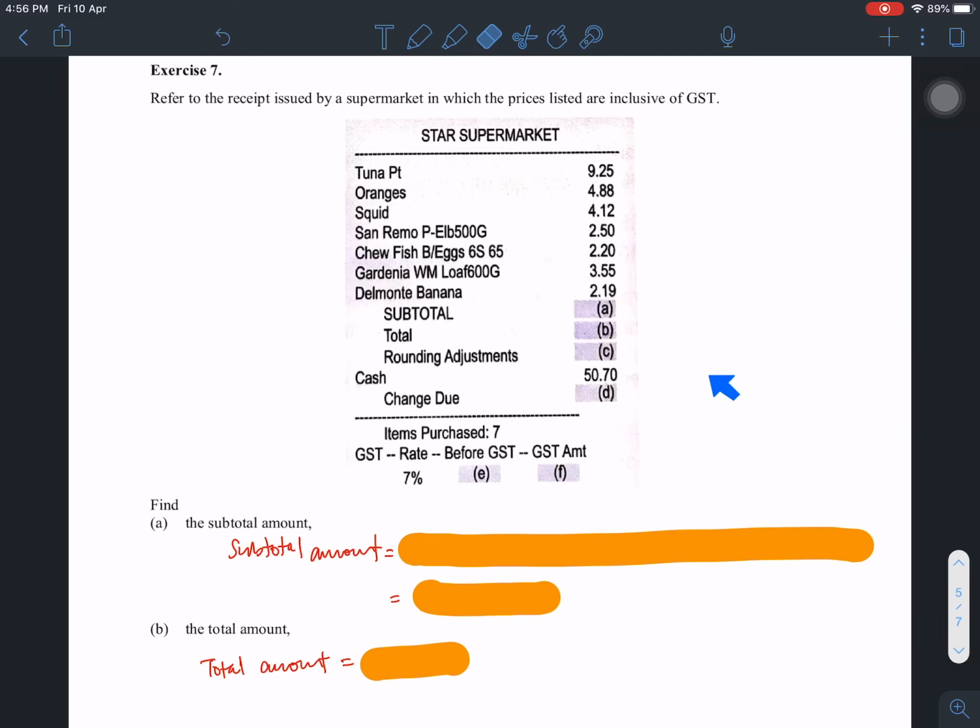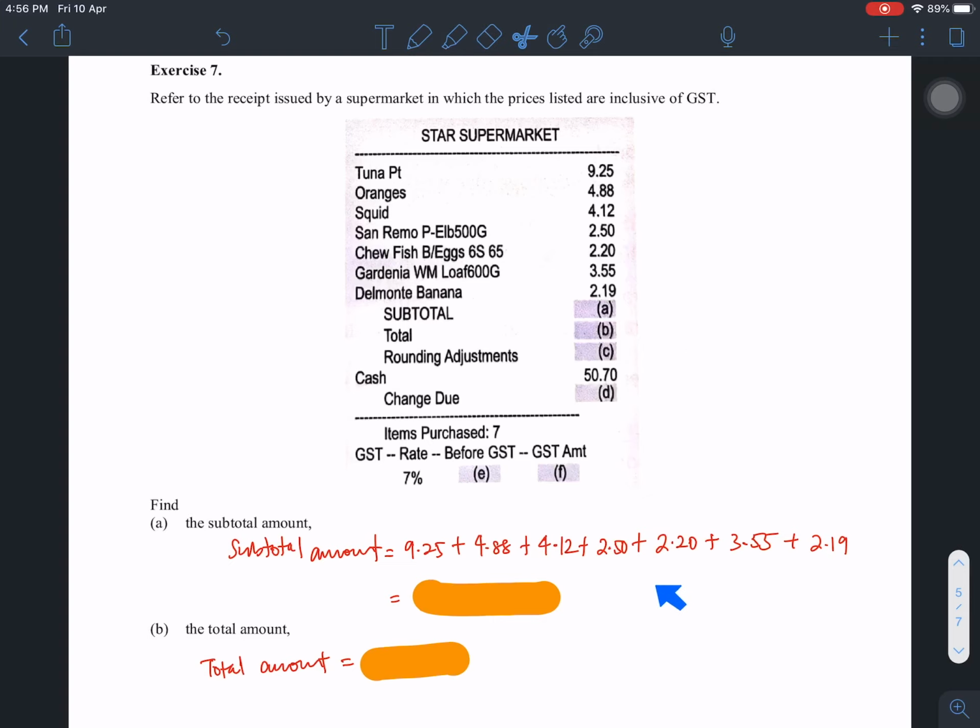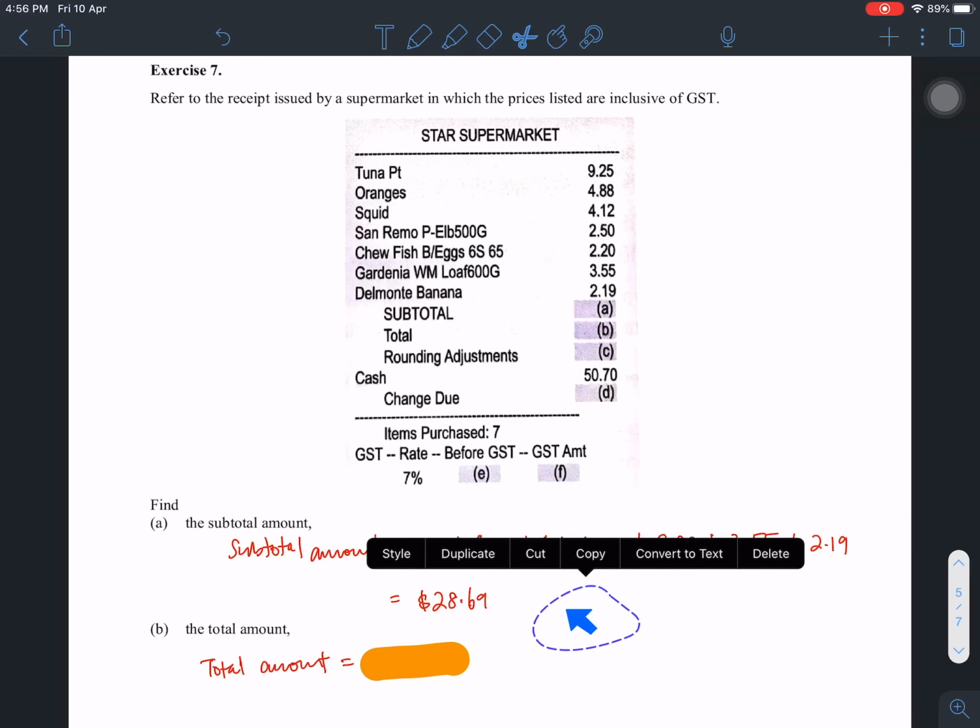So summing them up, you need to write down your workings like that, and finally pressing your calculator and evaluating the answer carefully, you should arrive at $28.69.